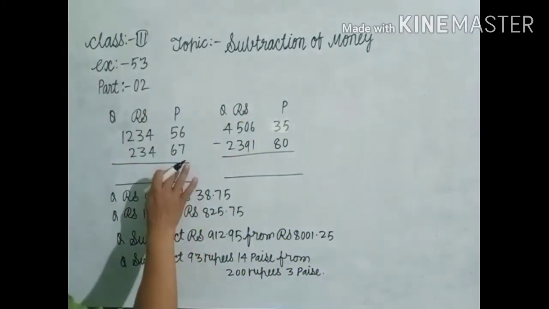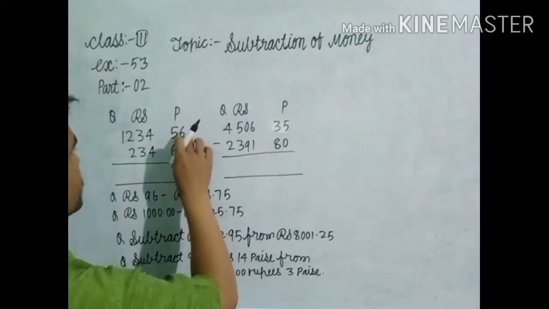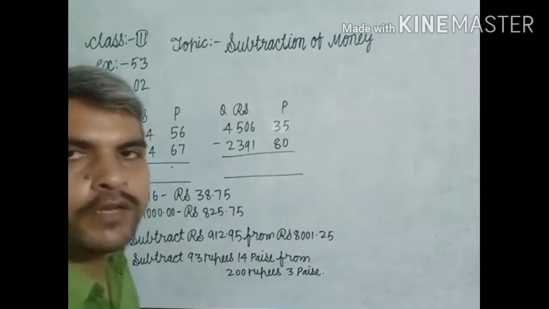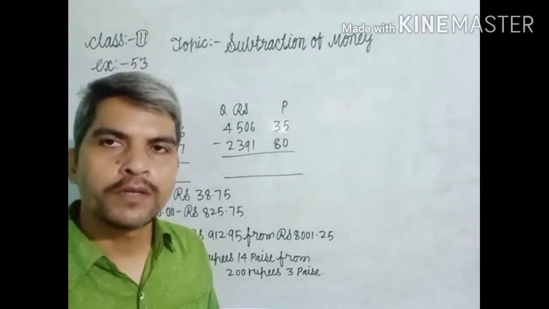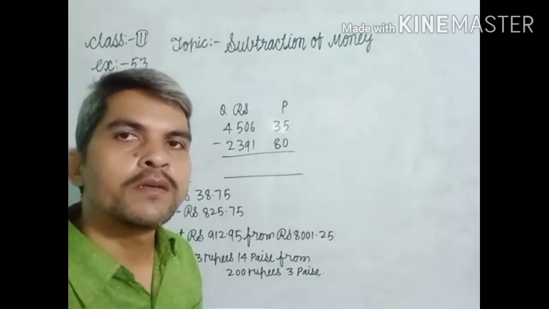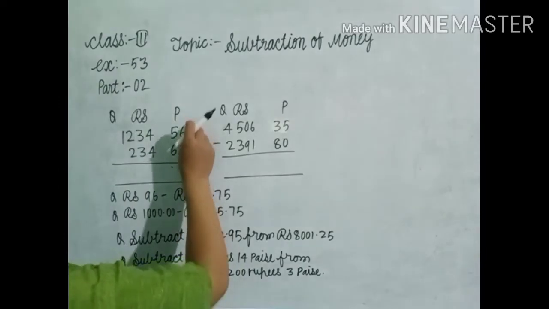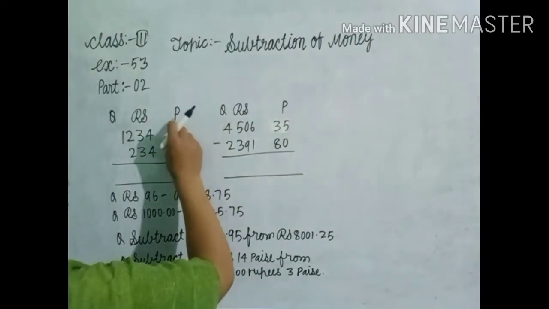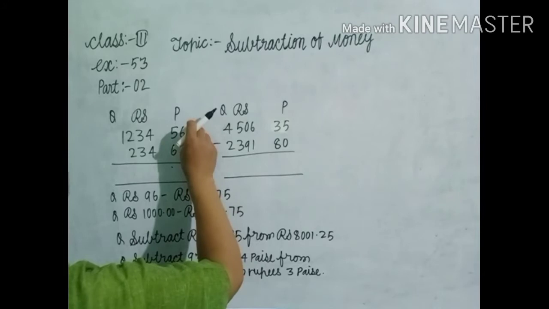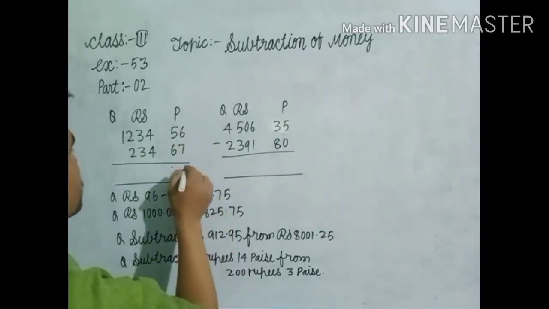Such type of problems came in the previous day. Here, use the rules of ordinary subtraction in subtraction of money. Here 6 minus 7 is not possible, so take a carry from the next digit. 16 minus 7 is 9.